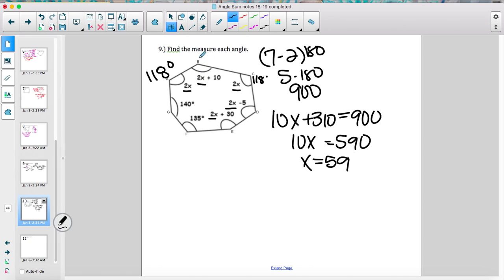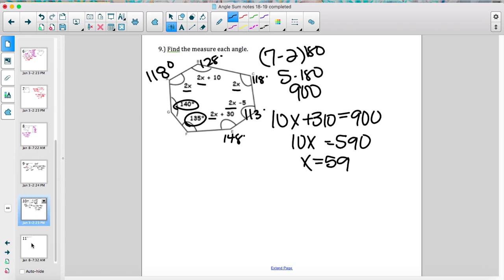And at angle B, it would be 2x plus 10, so that would be 128 degrees. Subtracting 5 from 118 is going to be 113. 118 plus 30 puts us at 148. We know that the 135 is the value of F, and the 140 is simply the value of G.